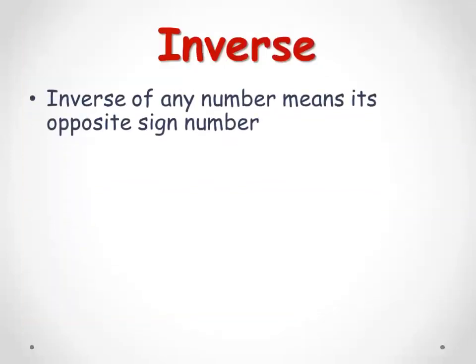Inverse, if he's asking for the inverse of any number, inverse of any number means its opposite sign number. If the number is positive, its inverse is going to be negative. And if the number is negative, its inverse is going to be positive. Let's see some examples. If he's asking for the inverse of 5, the answer is going to be negative 5.